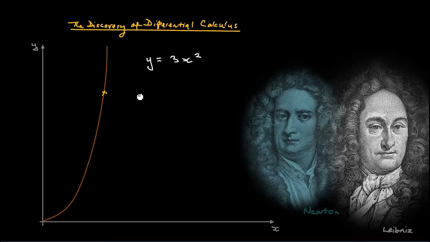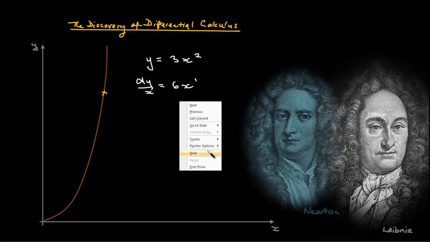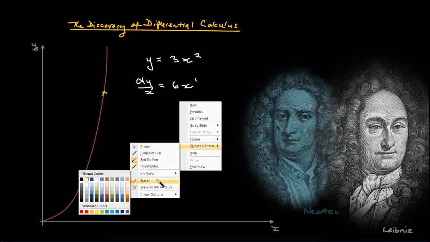So again, if we want to find the gradient at this point here, we can use this method of taking the derivative. So the derivative of y with respect to x this time is what? Well, again, our method is 2 times 3, which is 6, and 2 minus 1 gives us x to the power 1. Well, x to the power 1 is just x.